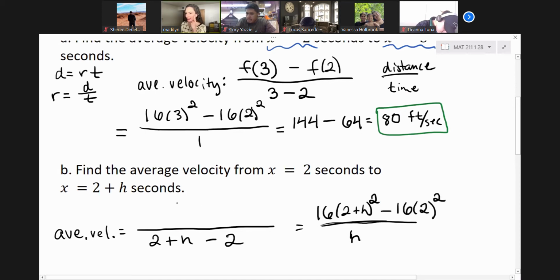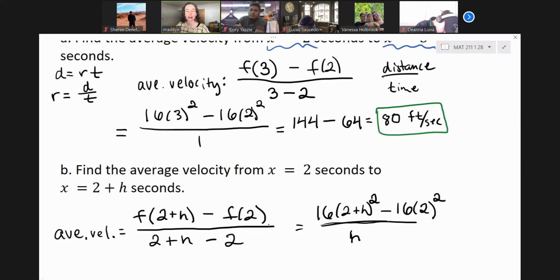Exactly, yes. And I'm going to write that in function notation first, but that is exactly what we're looking for. So our function is giving us the distance that this ball has traveled in this number of seconds.